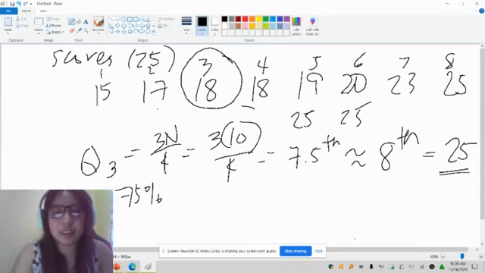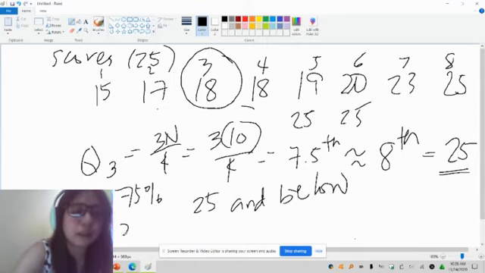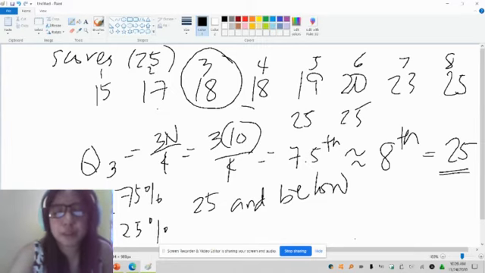let us rephrase that, because I'm referring to the upper 25%. Here, 75% of the students obtained 25 and below. While if we are talking about the upper 25%, then the top 25% obtained a perfect score.